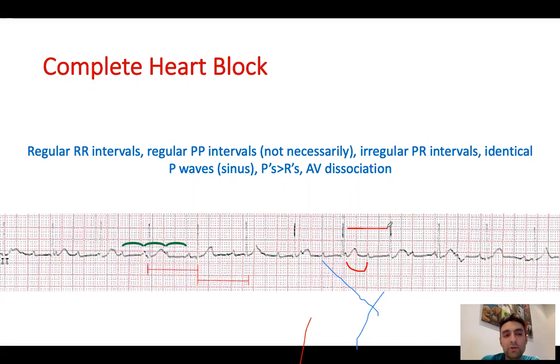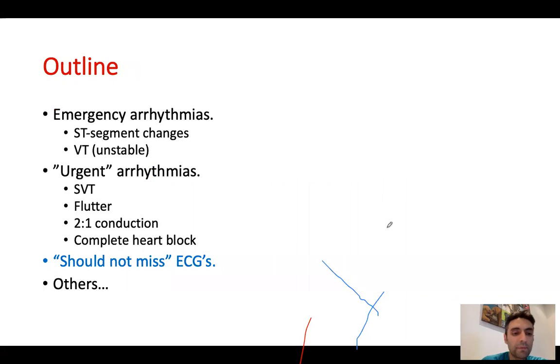Okay, and then of course Mobitz 1 is generally benign. Complete heart block is completely different, a different beast, a different animal. And the intervention is very different. Okay, so urgent arrhythmias are generally SVT, flutter, heart blocks.